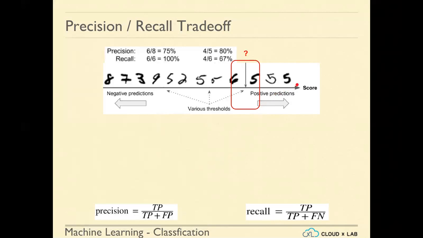So out of the total that were classified as 5, it will be 0 divided by how many 5s there were. Okay, let me just think about it a bit. So when we are going to the right, all the values that are classified as 5 divided by the actual values, it's going down, and precision is 100% when we go to this side.